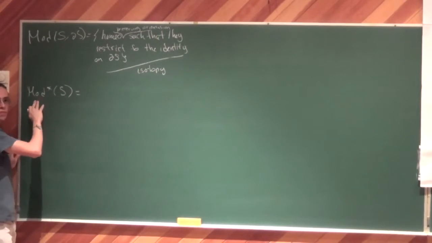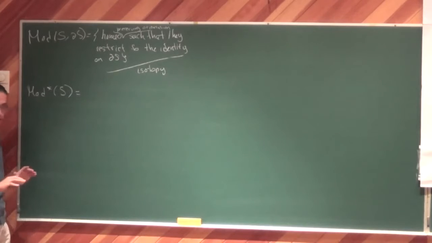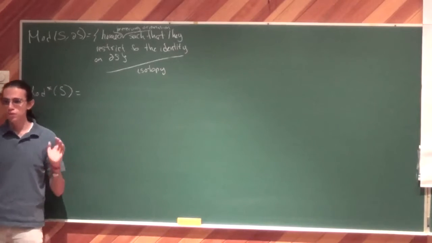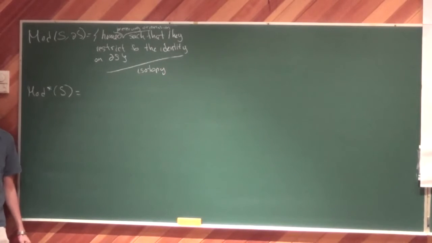The extended mapping class group is pretty much the group of all homeomorphisms modulo isotopy. Here we don't mind whether they preserve the orientation or not, thus we don't mind if they are the identity on the boundary components or not. Okay?